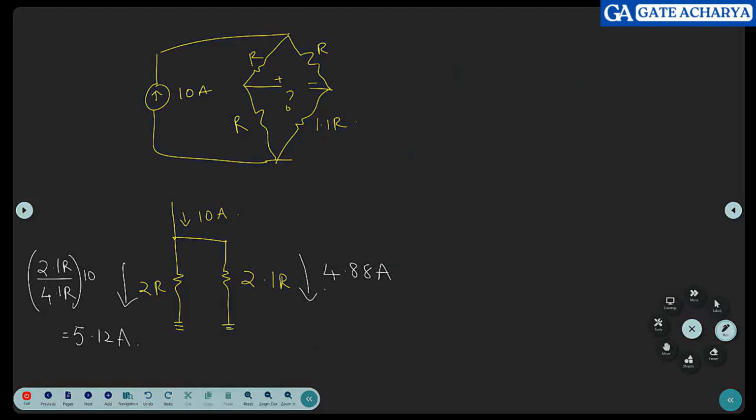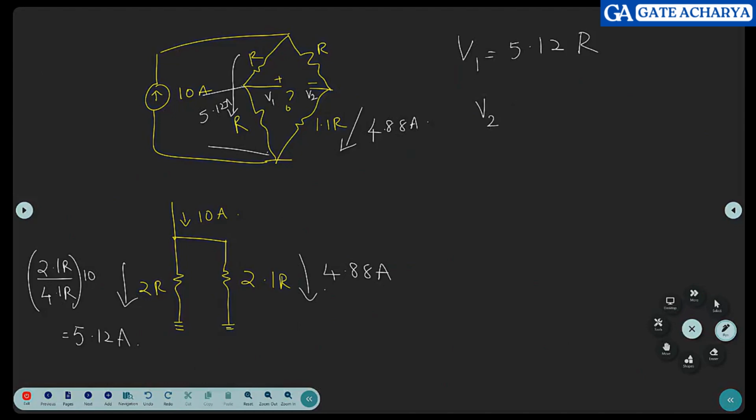That's it. Now tell me, now you know the current through this one. I want the voltage across this one. So that means you know the current. How much is it? 5.12 amps into R. That is the voltage here. What is the voltage here? 4.88 amps into 1.1 R, that is the resistance. So what is V1? 5.12 R. That is V1.